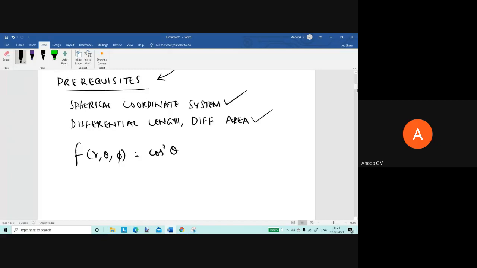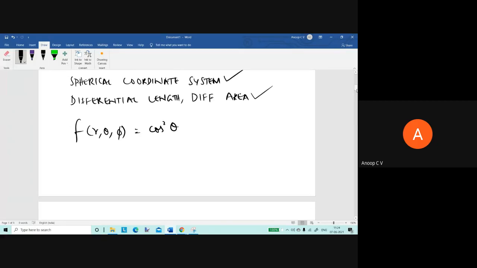In GeoGebra, I have different methods to plot this. One method is defining the corresponding x component, y component, and z component. The x component, I'll call it fx, will be f of r, theta, phi times sine theta cos phi.